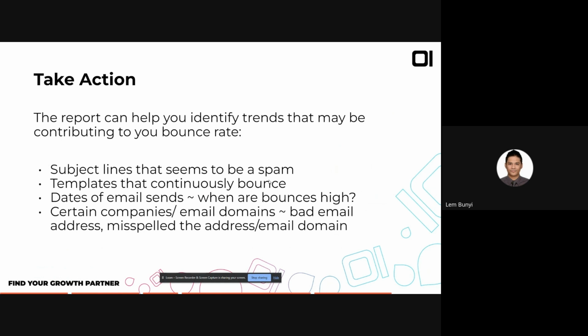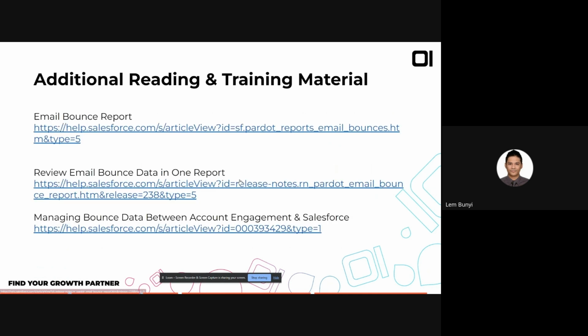Sometimes your subject lines may seem like spam, so recipients report you as spam. Look for templates that continuously bounce, the dates of emails when bounces are high, and certain email domains that are probably misspelled or not active.